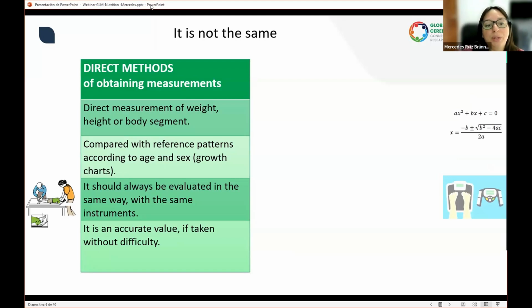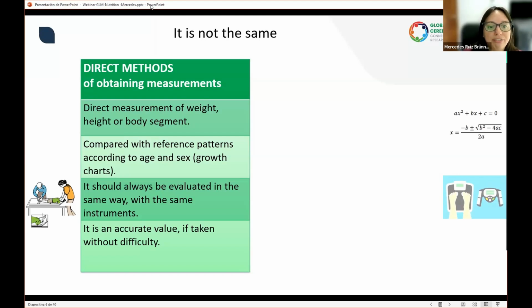We compare them with reference patterns according to age or sex, the growth charts. It should always be evaluated in the same way with the same instruments. Sometimes there are differences between the scales, so we should measure with the same instruments. And it is an accurate value if it is taken without difficulties.